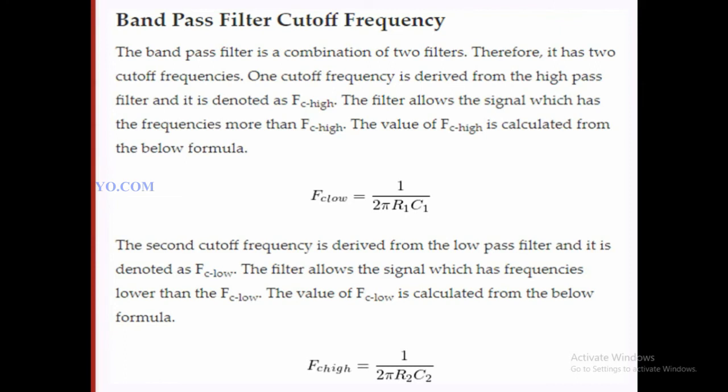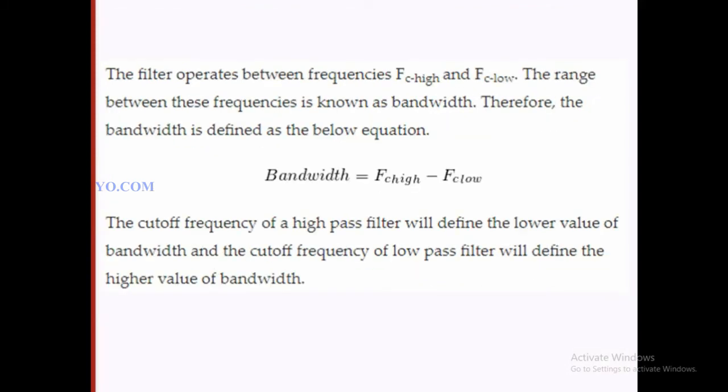Similarly, the second cutoff frequency is derived from the low pass filter and is denoted as FC low. The filter allows the signal which has frequencies lower than FC low. So that is a low pass filter. The value of FC low is calculated from the following formula: FC low equals 1 divided by 2πR1C1. So these are the formulas used to calculate the frequency.